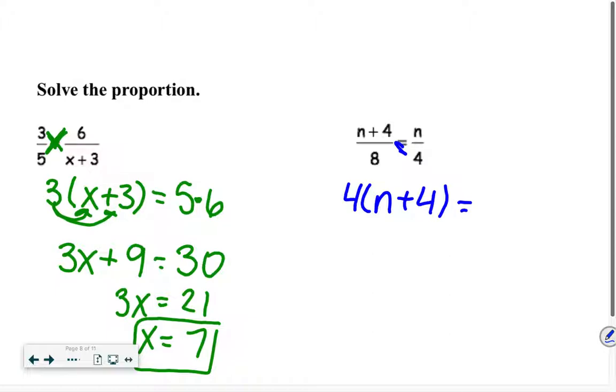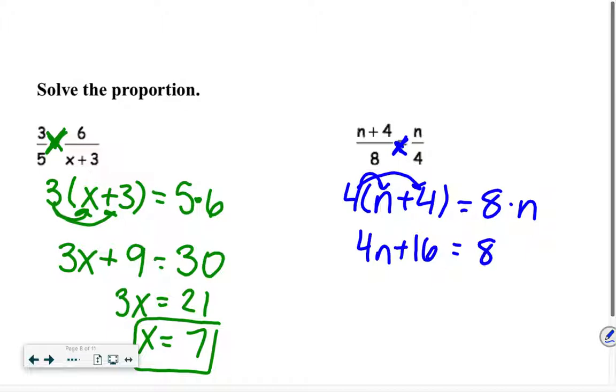If 4 times n plus 4 is on the left, what should go on the right? 8 times n. Yeah. What should I do on the left? Distribute. I get 4n plus 16 equals 8n.